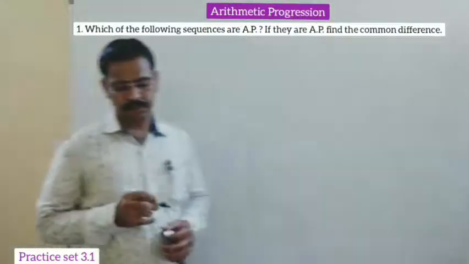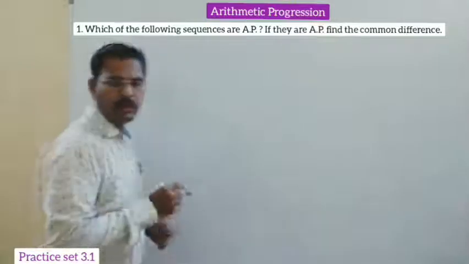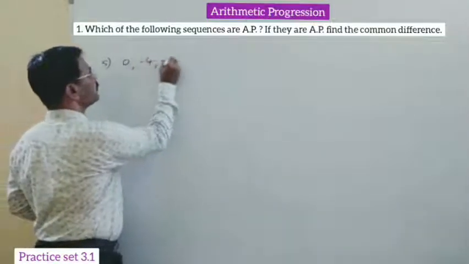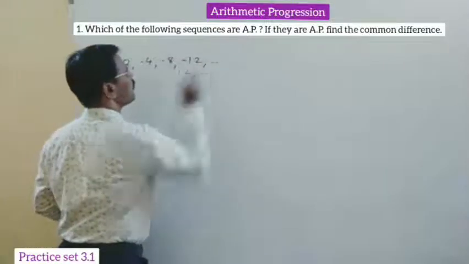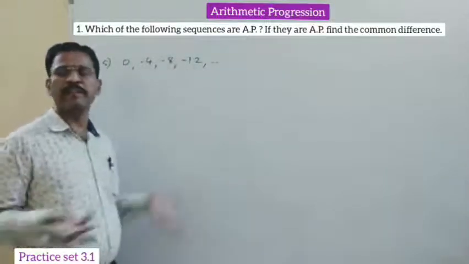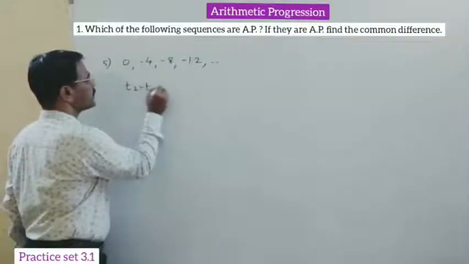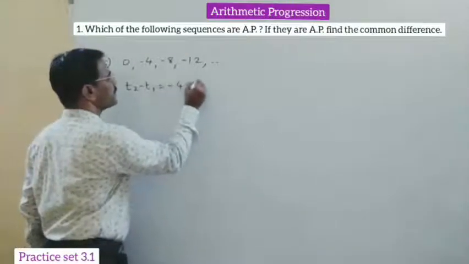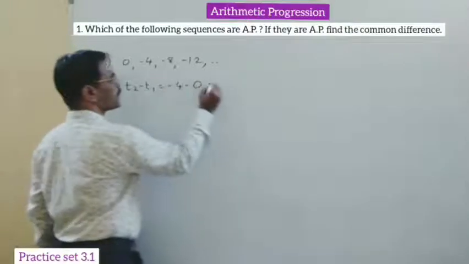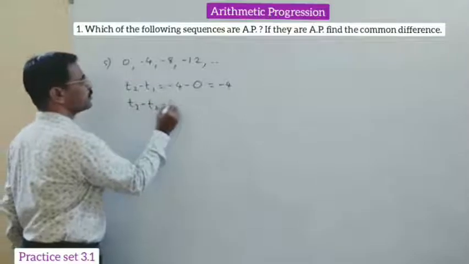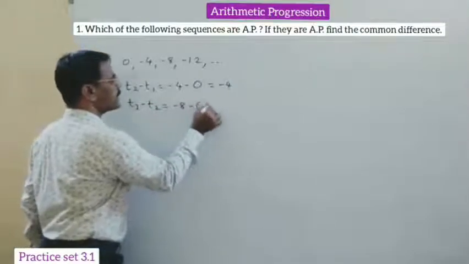In the fifth sum: 0, minus 4, minus 8, minus 12. Okay? Here also we are going to verify whether it is AP or not. See first. T2 minus T1, minus 4 minus 0. So here minus 4. After that, T3 minus T2, minus 8 minus, minus 4.